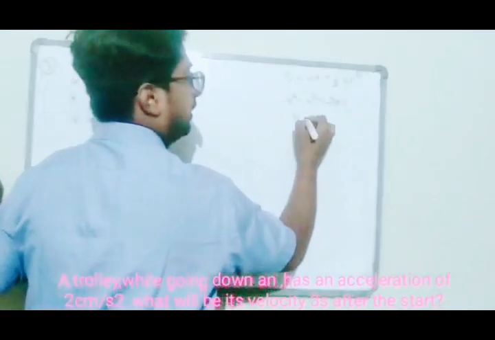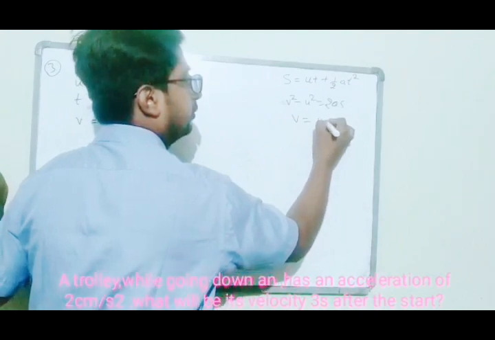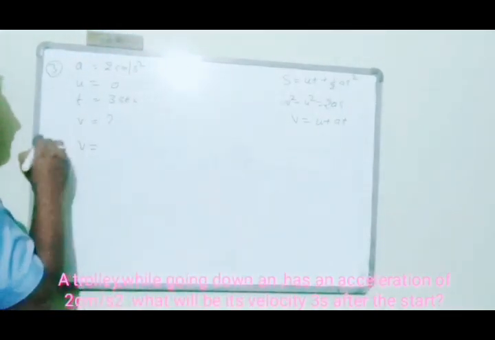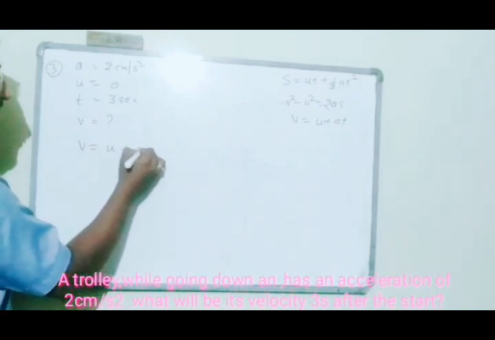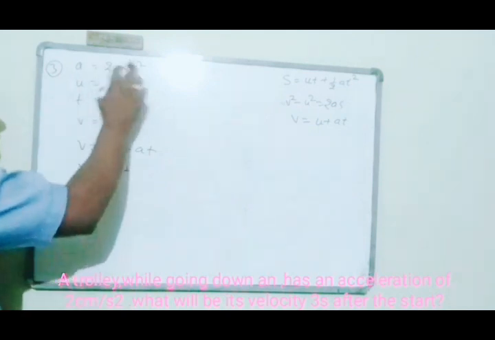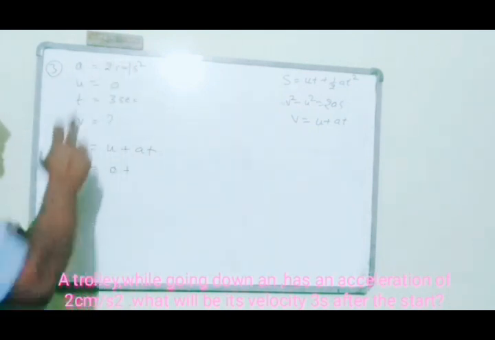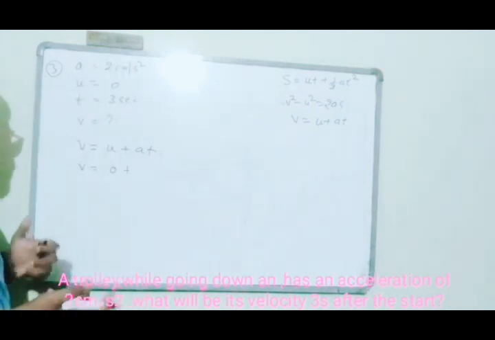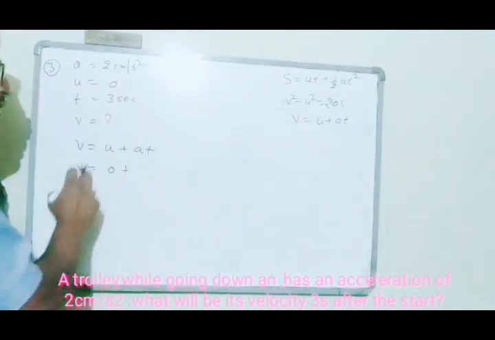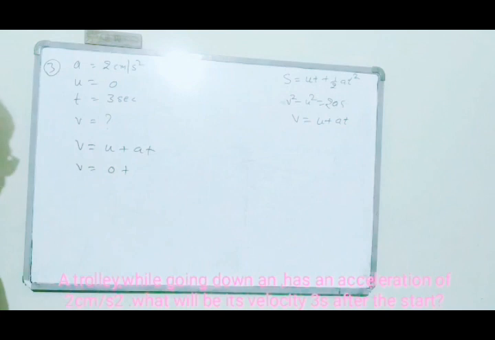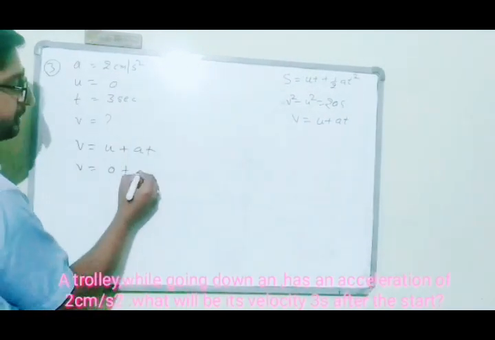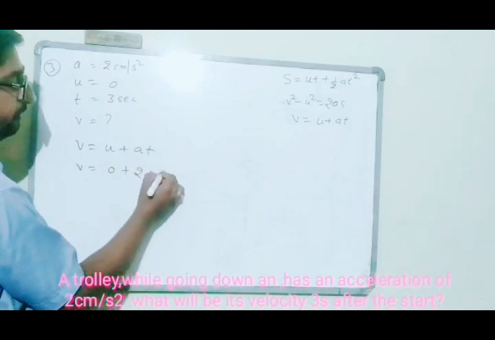So we can use the velocity and time relation. V is equal to U plus AT. U is 0 plus A is 2 cm per second square. We have to convert centimeter into meter, but we can do this question directly also. So A is 2 and time is 3.